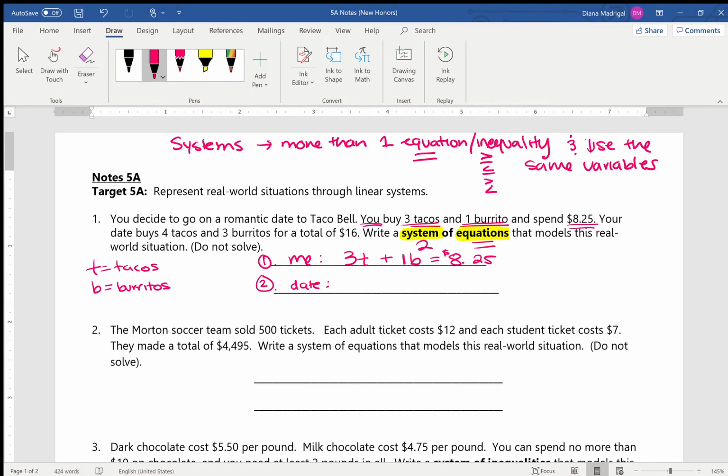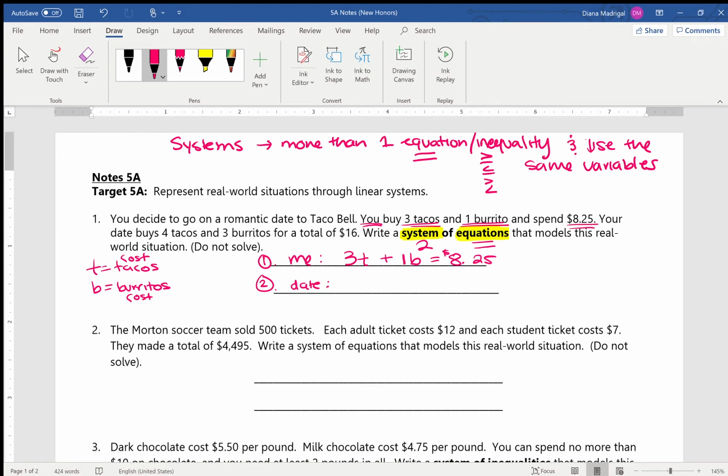Again, T means tacos, which means the cost of tacos, and B has to be the cost of burritos. How do I know that? Because we're talking about money. They're talking about the total being money. So if the total is money, then T has to be the cost, which is money, of tacos, and B has to be the money of burritos. How much is a burrito? All you know is that you buy 3 tacos and 1 burrito.